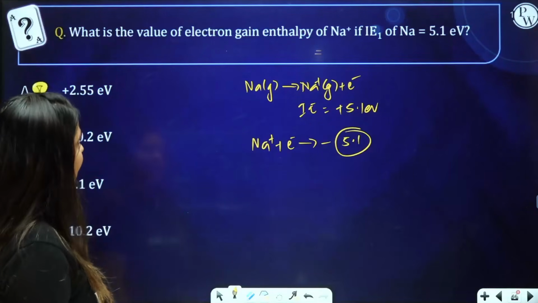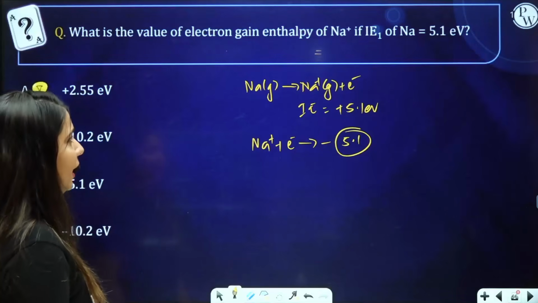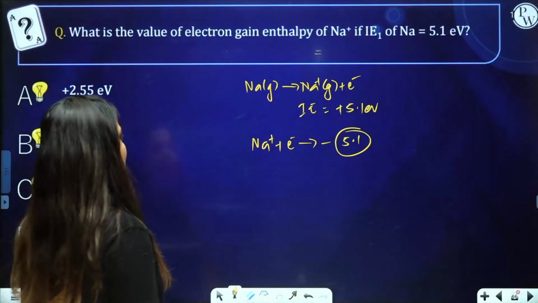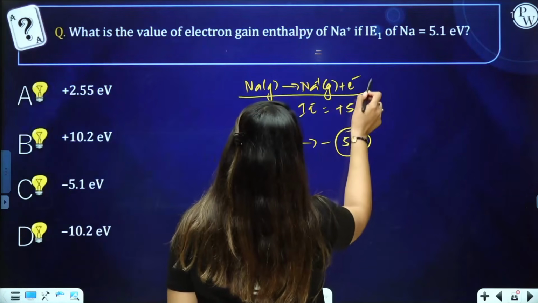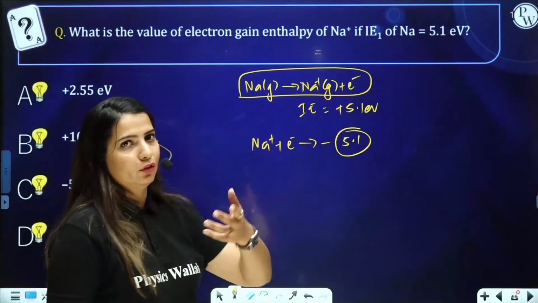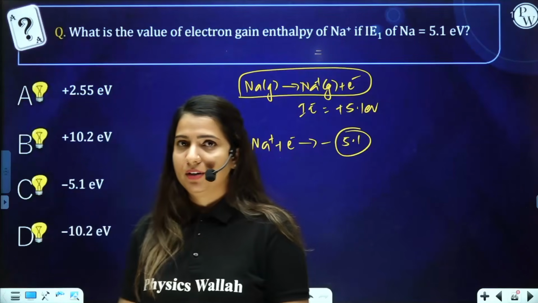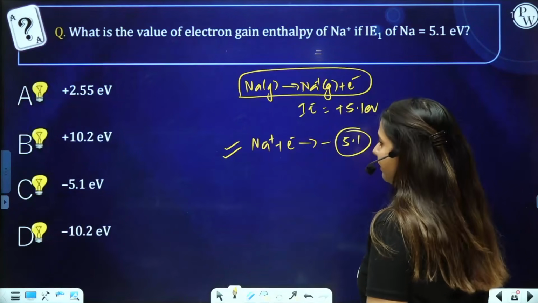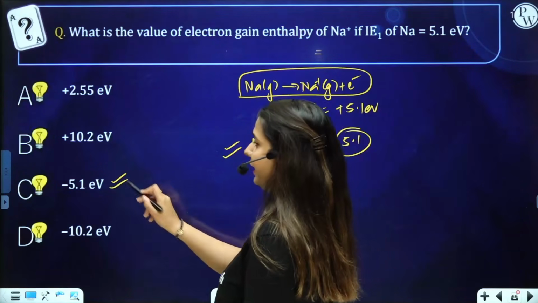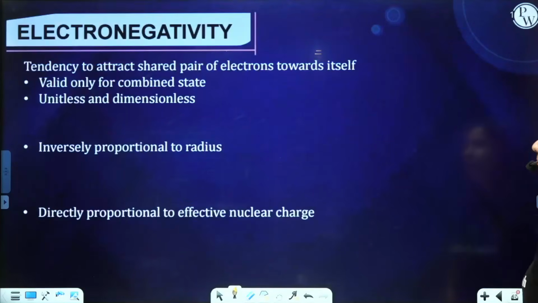You have to calculate the electron gain enthalpy of Na positive if the ionization enthalpy is 5.1 electron volt. You are removing an electron from sodium; adding the same electron back releases the same amount of energy. I have already told you in the notes, previous year question. So the answer will be minus 5.1 electron volt.